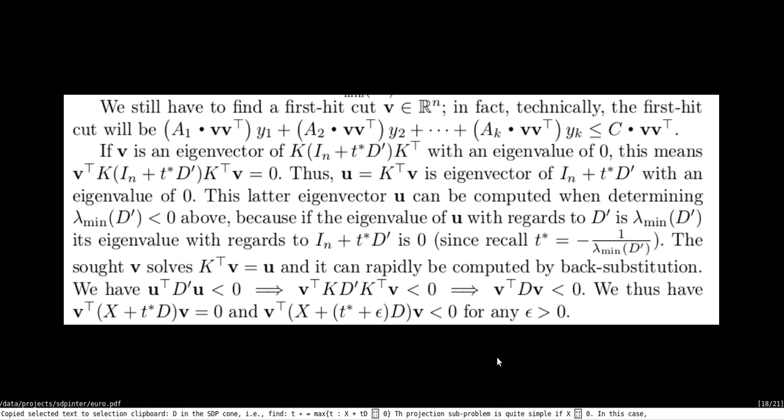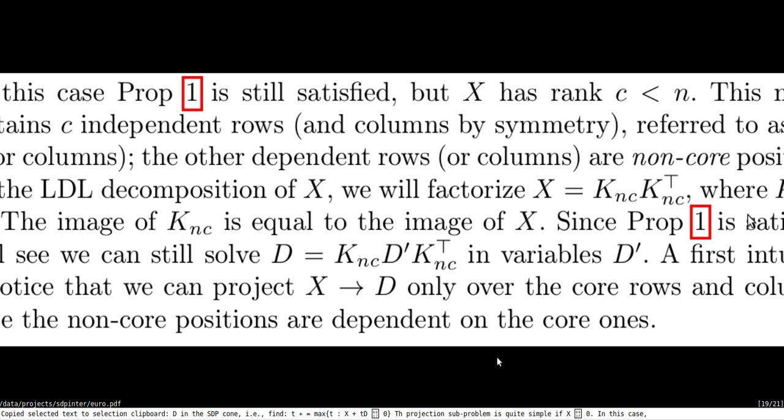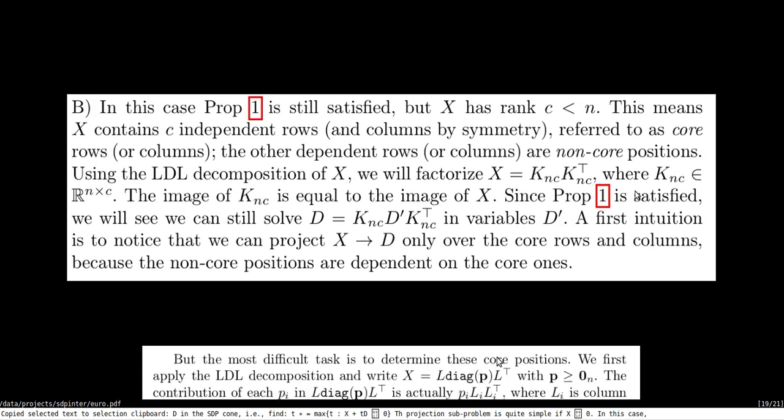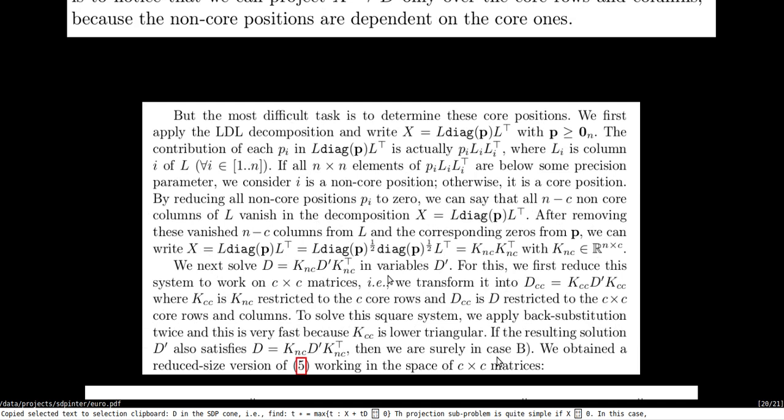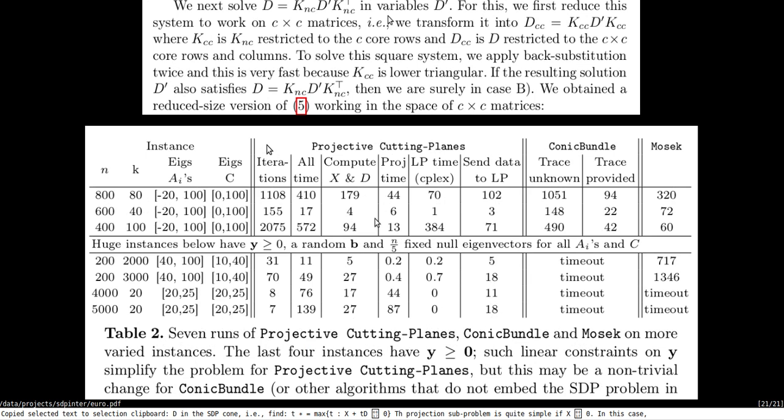If you are looking over this video, you may have the time to look over them. But I have the paper where everything is described. I needed the LDL decomposition. It's more complicated than when X is on the border of the SDP cone. Now I have some results, but they are very boring. I don't like when I see tables during talks, so I won't show you many tables.